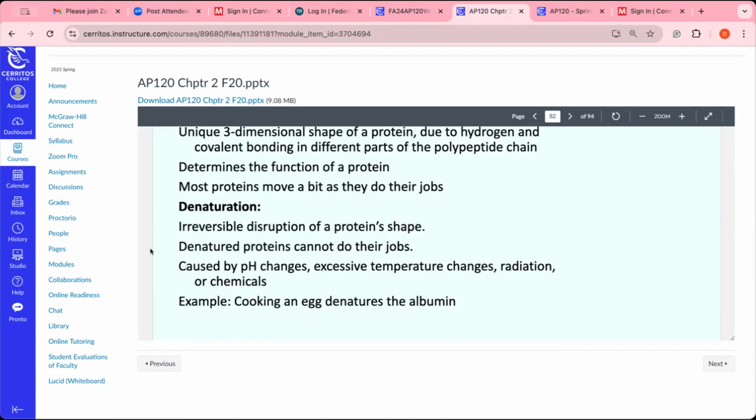Cooking an egg denatures the albumin, the egg protein. Doesn't make it bad for you. It's bad for the egg, but it's not bad for you. She's just showing you that that's an example of how heat denatures protein. Okay, let's continue.